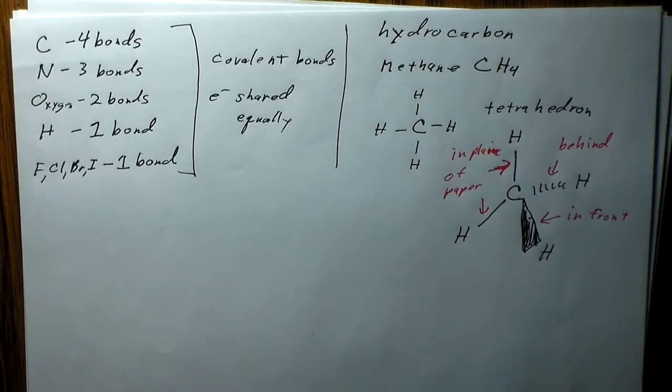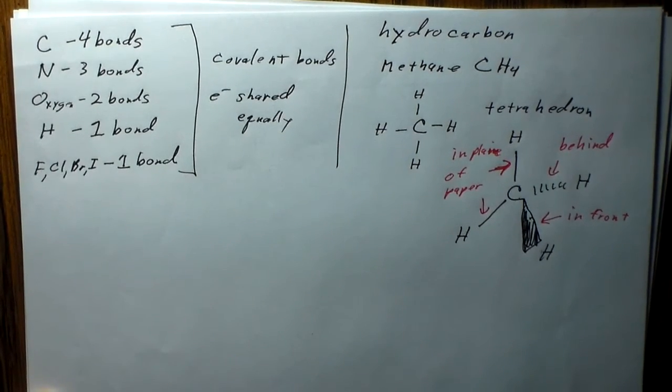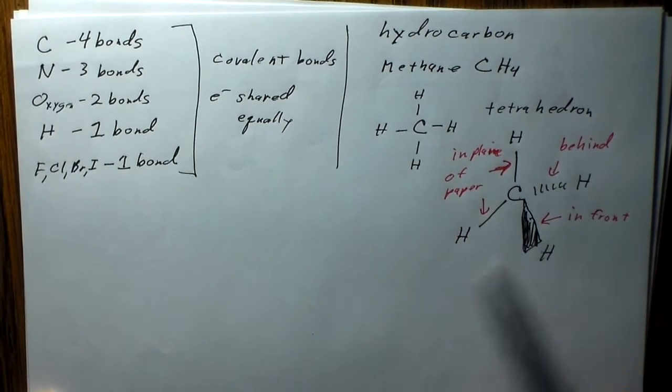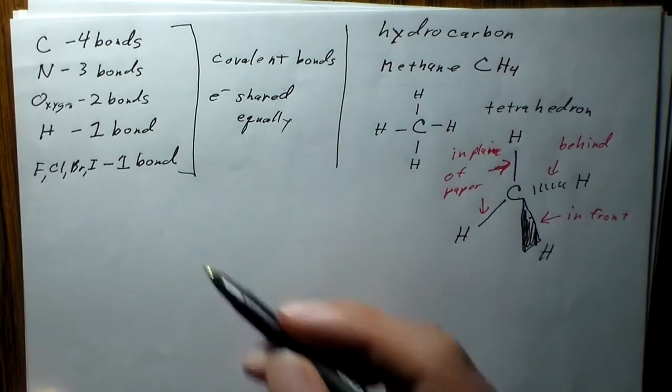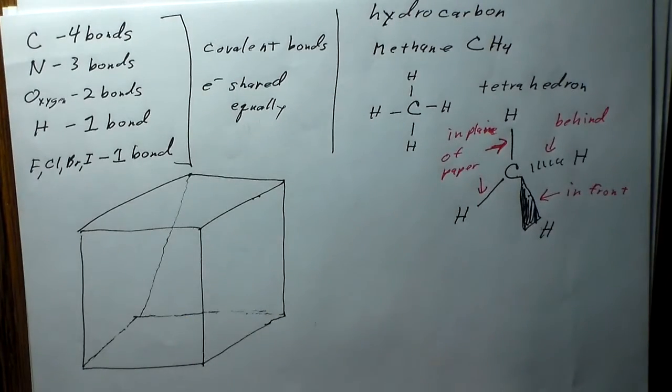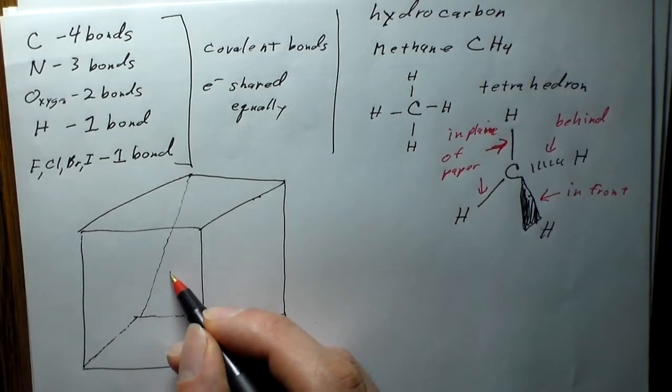Now, another way we can draw this, which again may help just a little bit here, is if I draw this as a little cube, and actually we can figure out what these bond angles are between the carbon and the hydrogens if we draw this out as a little cube. It's kind of cool. So here's my little cube like this. Now, what we're going to do here is put my carbon in the middle of the cube.